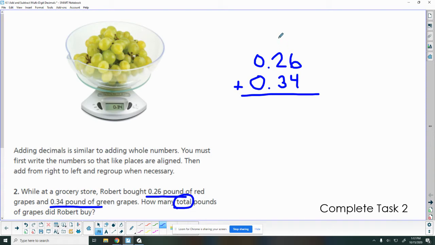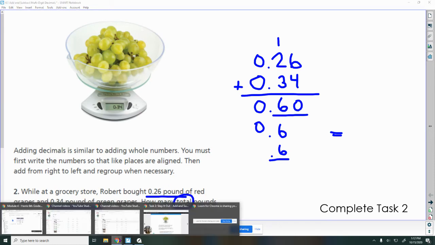So 6 plus 4 is 10, so I regroup with the 1 on top. 2 plus 3 is 5, plus 1 more is 6, and I bring my decimal straight down, and I have 0 ones. So I have 60 hundredths or 6 tenths. And I don't even need that 0 in the front either. I have 6 tenths. All of these are equivalent to each other.